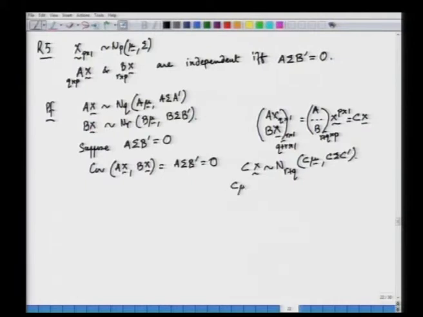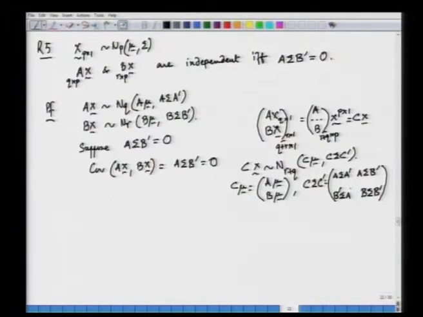But then what is the form of C mu? Well, it is nothing but A mu augmented with B mu. And what is the form of C sigma C transpose? Well, it is A sigma A transpose in the first block, then A sigma B transpose, then B sigma A transpose, and then B sigma B transpose. Now, what we have here by our assumption is that the off diagonal blocks are null matrices.